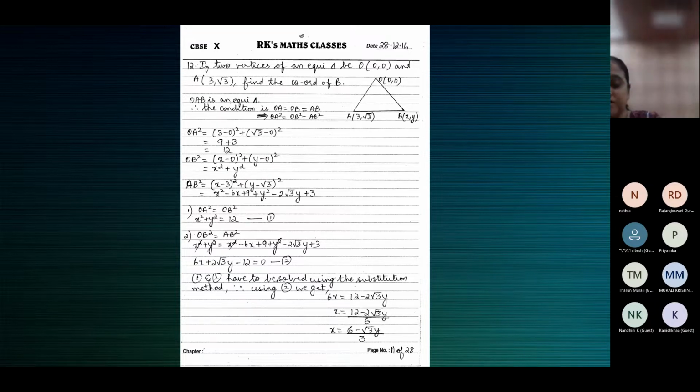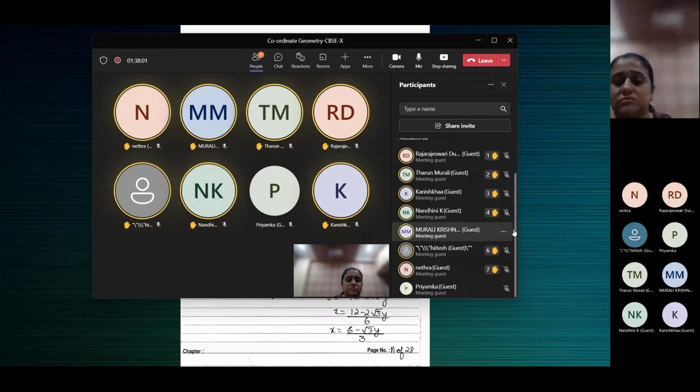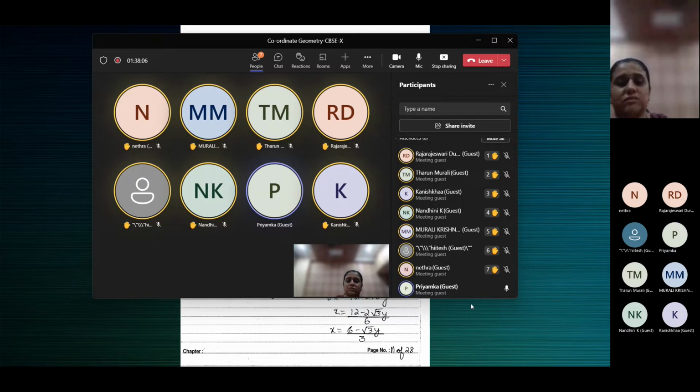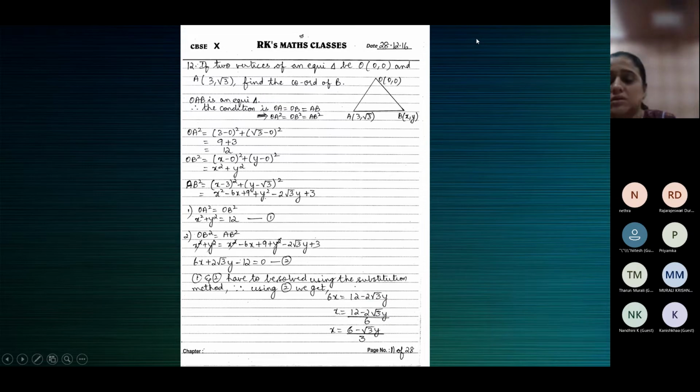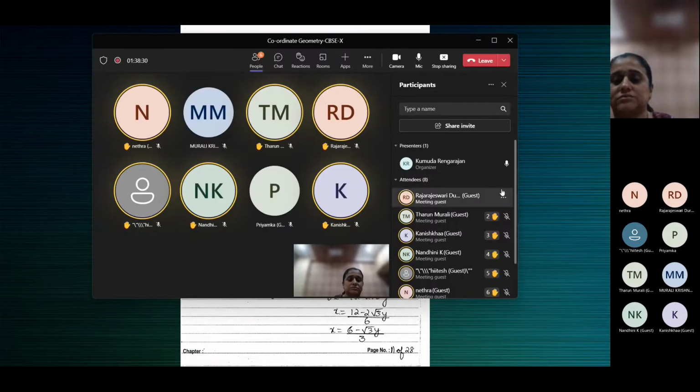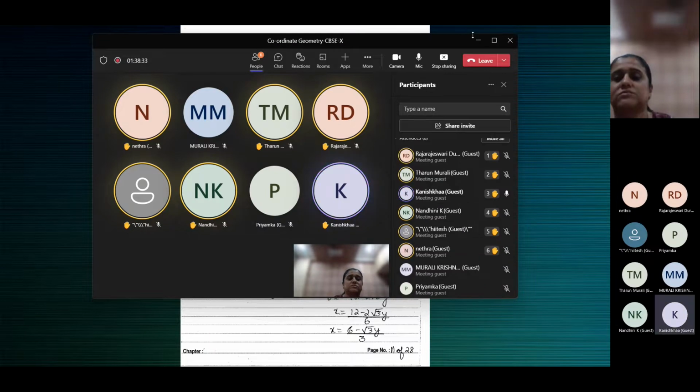Yes, who's worked ahead? Priyanka, are you there? Yes, ma'am. I called out earlier. I didn't hear from you. Internet issues, ma'am. Okay. Kanishka, have you worked ahead? No, ma'am.